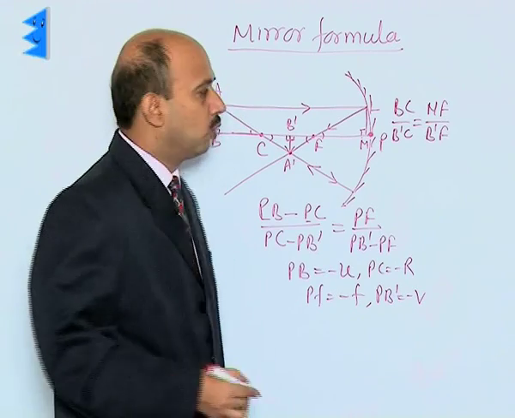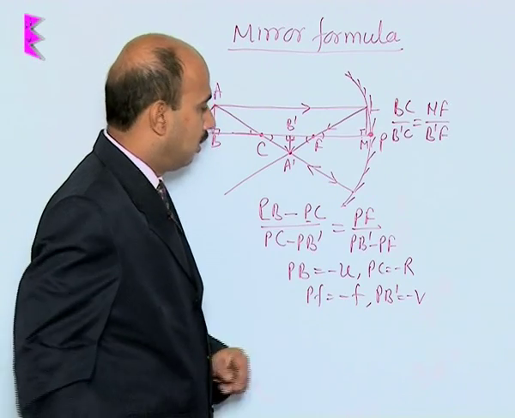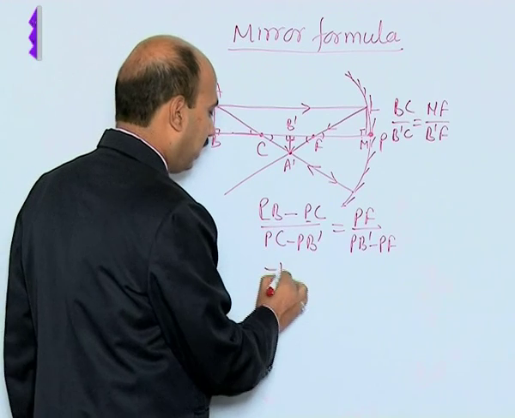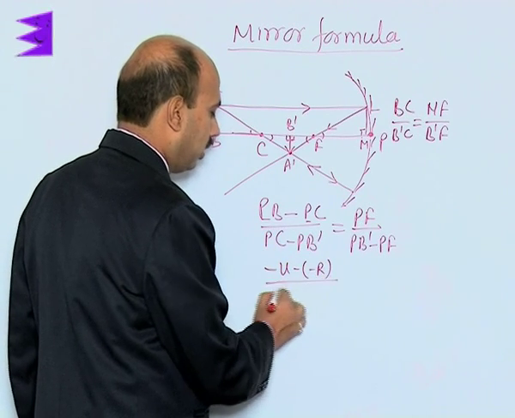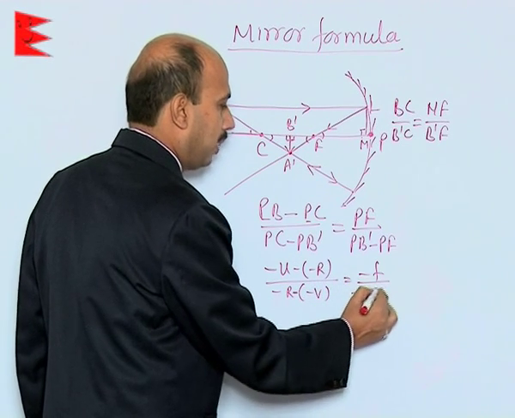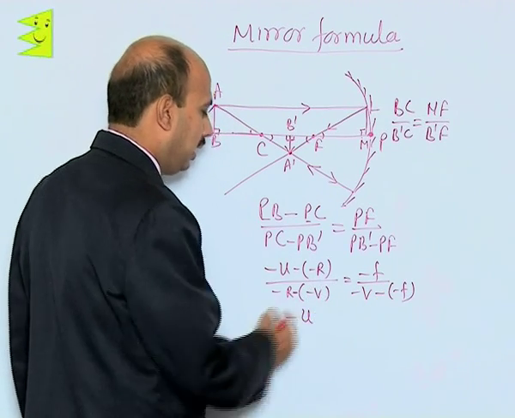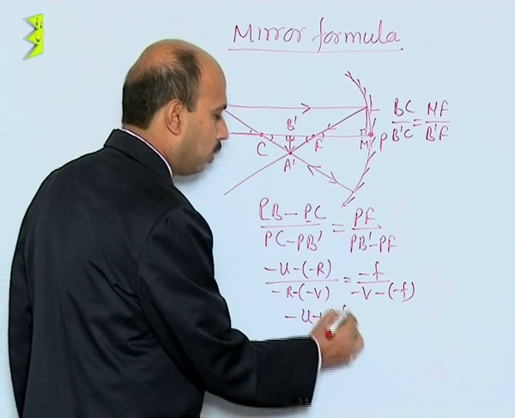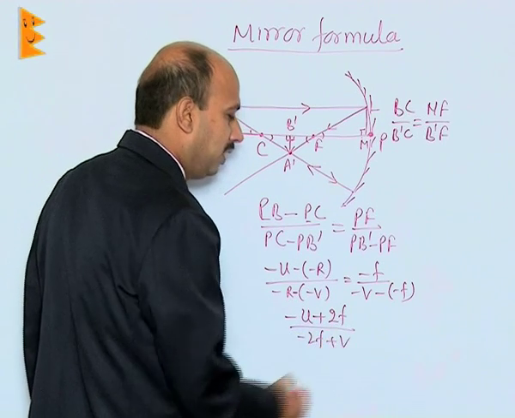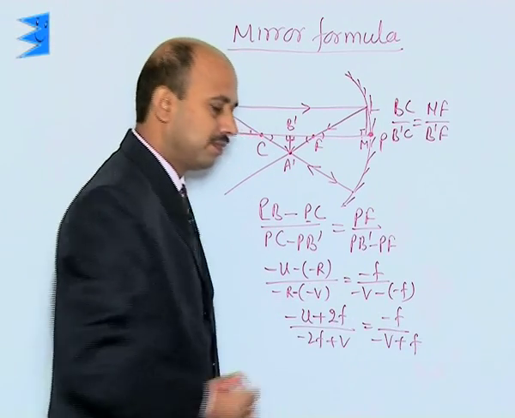Everything is minus because everything is to the left of the pole. Now all these values are put in this equation. When we put all these values, we get minus u minus R upon minus R minus v is equal to minus f upon minus v minus minus f. That can be written as minus u plus 2f, because R is equal to twice f, upon minus 2f plus v is equal to minus f upon minus v plus f.